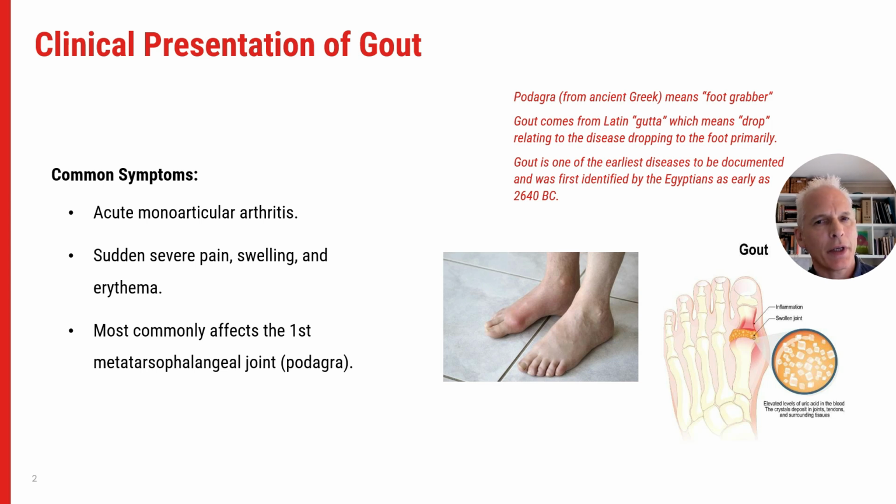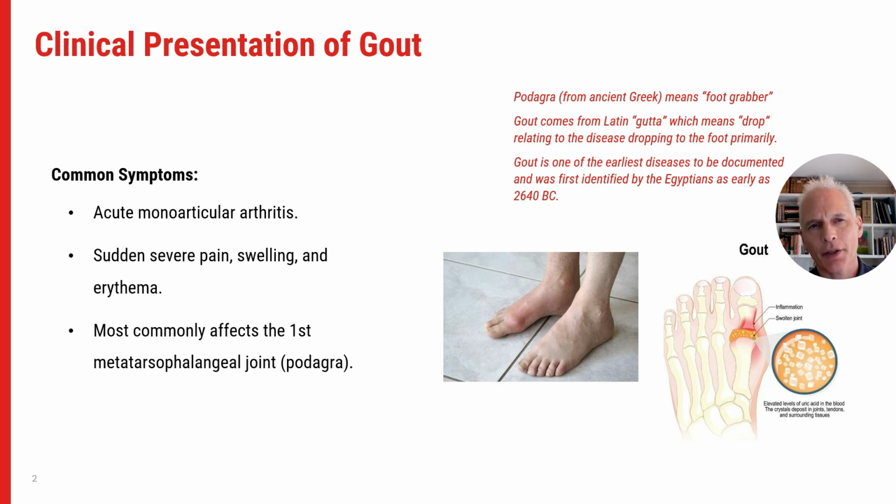So when it affects the big toe joint, it is typically known as podagra, and you'll see this in the literature. And if you're interested to know what podagra actually means, it means foot grabber, and it comes from ancient Greek. The word gout comes from Latin gutta, which means drop.